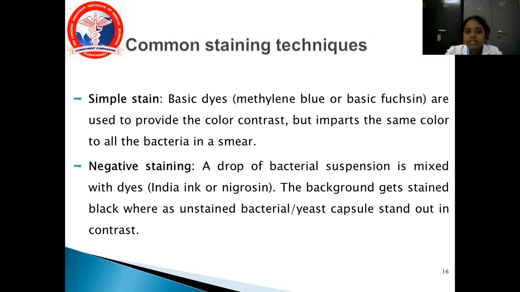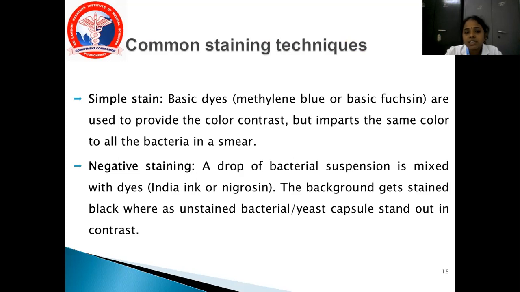The common staining technique is simple stain, using a basic dye such as methylene blue or basic fuchsin, which provides color contrast but imparts the same color to all the bacteria in a smear. In negative staining, a drop of bacterial suspension is mixed with dye, mainly India ink or nigrosin.